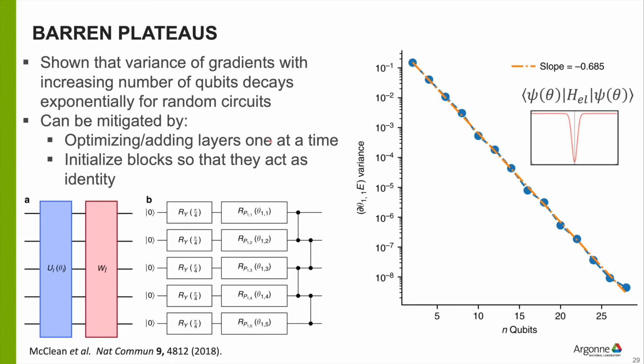And what we're getting is that if you don't start somewhere in a region where you have non-zero gradient, you're basically doomed to not find the real solution, because when you compute the gradient, it's essentially zero everywhere except for the shallow region where your solution lies. And that comes from the fact that there's no real chemistry in the representation of these hardware efficient ansatzes, and the space that it covers is very, very large.